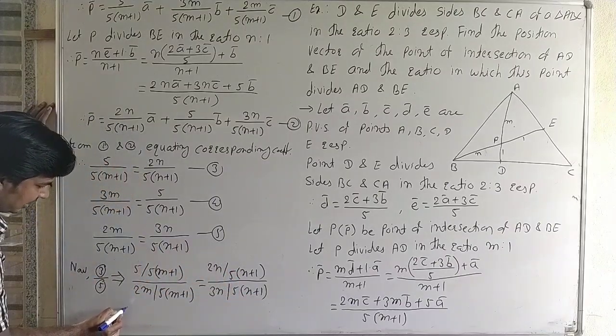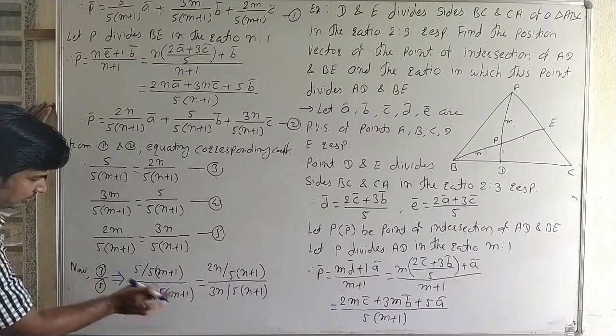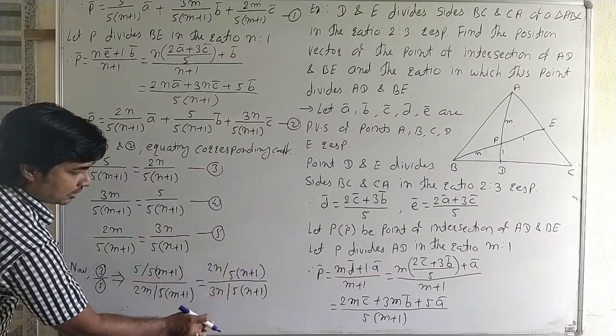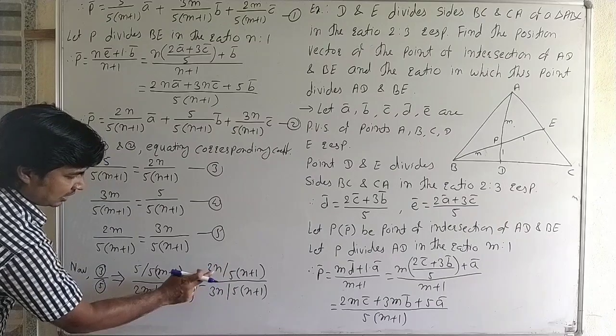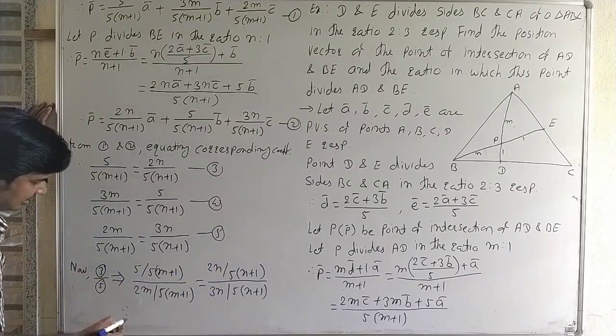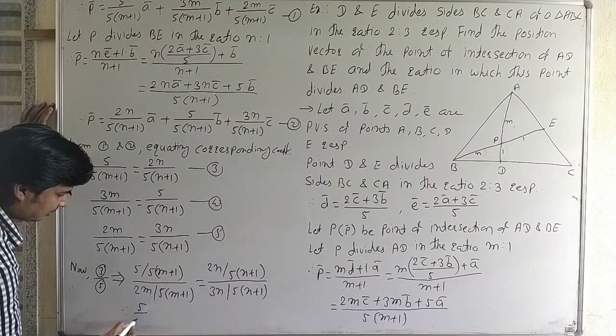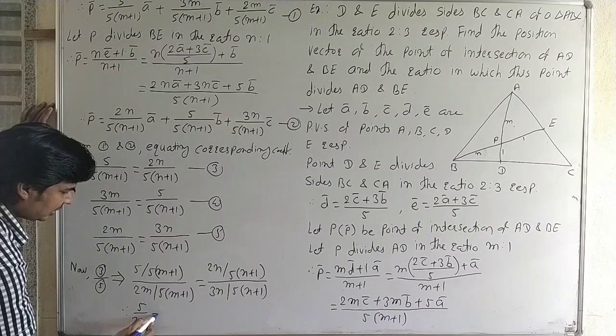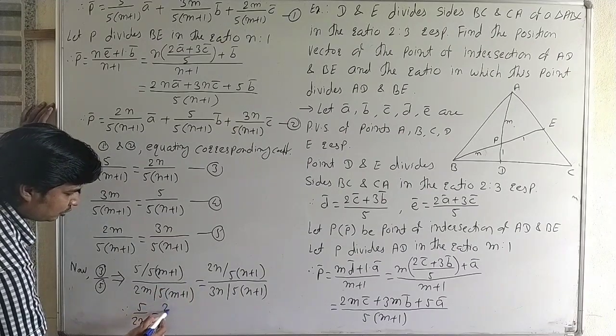From this, 5m plus 1 cancels, 5n plus 1 cancels, here n cancels, and here 5 by 2m is equal to 2 by 3.